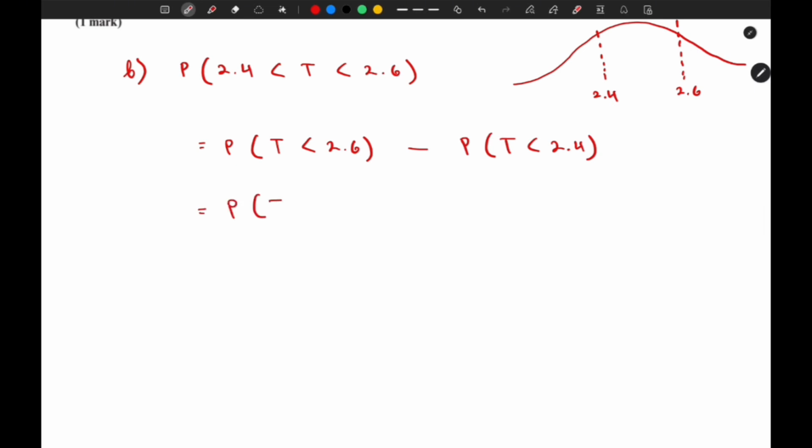So probability t less than 2.6 minus the mean value divided by the standard deviation. The standard deviation was 0.13. And same goes for this part.